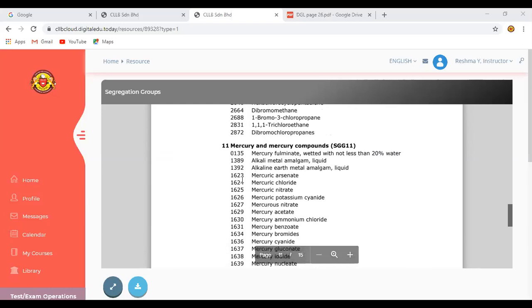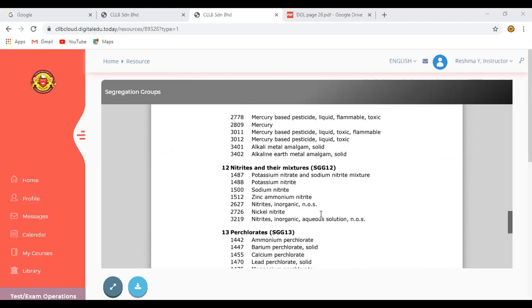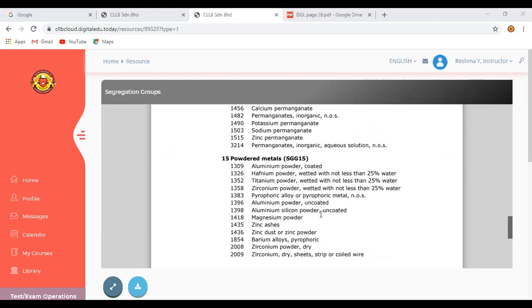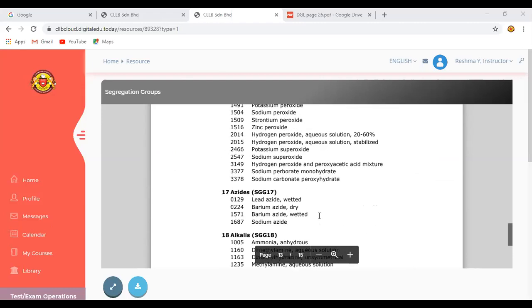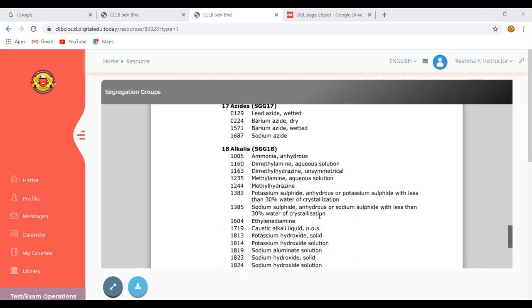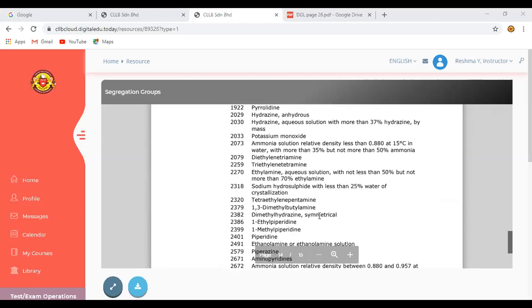Eleven is mercury and mercury compounds. And twelve is nitrites. Thirteen perchlorates, 14 permanganates, 15 powdered metals, 16 peroxides, 17 azides, 18 alkalis. So there are 18 groups here.